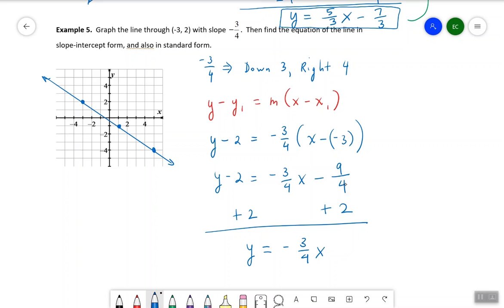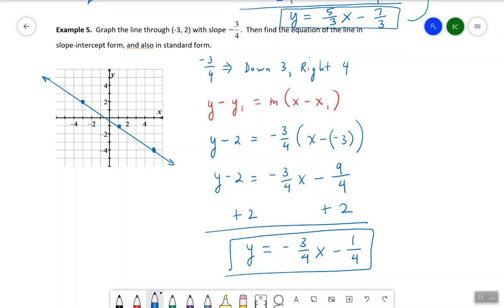And then that's negative 9/4 plus 8/4, which is negative 1/4. And that answer sounds real good because when you look at the graph, negative 1/4 looks like a reasonable answer. It looks like just where that line passes through the y-axis.